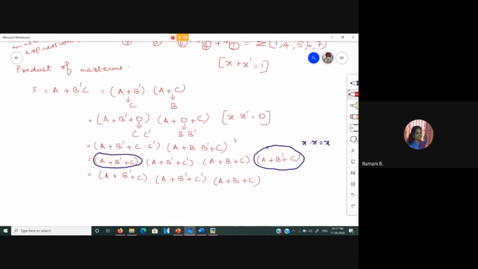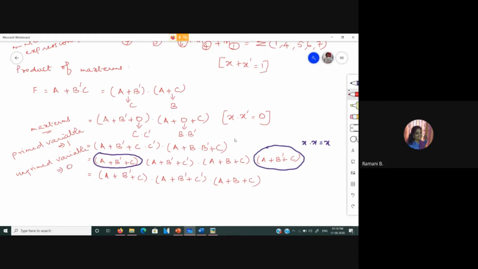Okay, va? And with respect to max terms, a primed variable implies it is a 1 and an unprimed variable implies it is a 0.